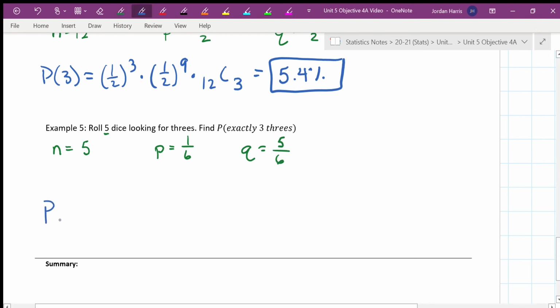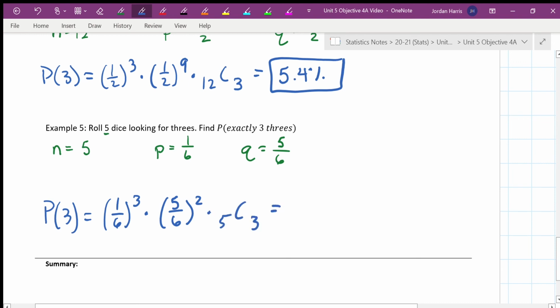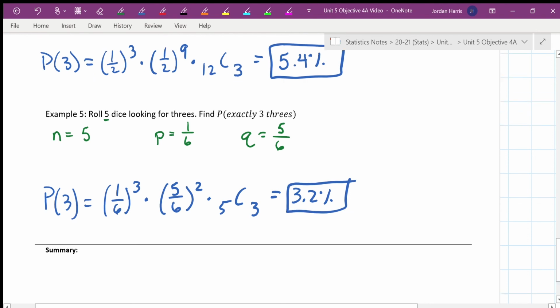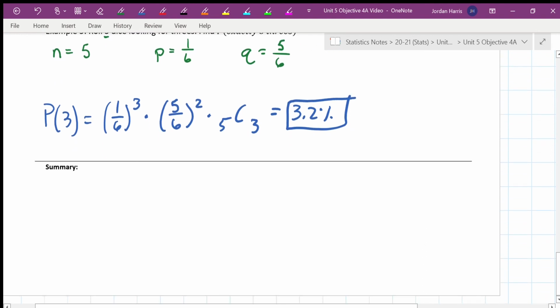So probability of getting exactly 3 3s. So that's 1/6 to the 3rd times 5/6 to the 2nd, 5 minus 3, times 5C3. Type that in, round, move the decimal, you get 3.2%. Okay, and there's that. So you can write your 3-sentence summary.